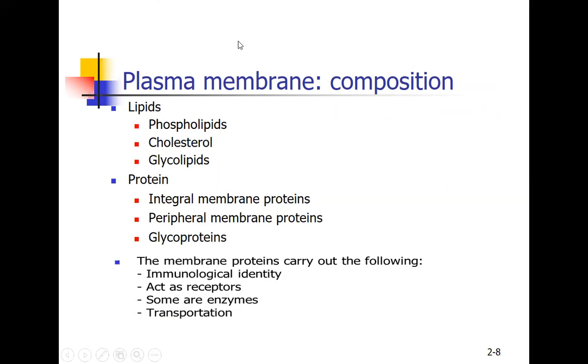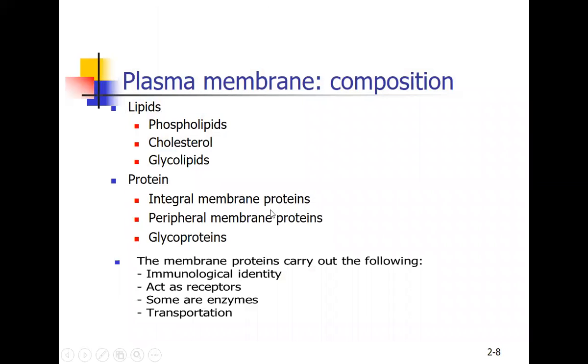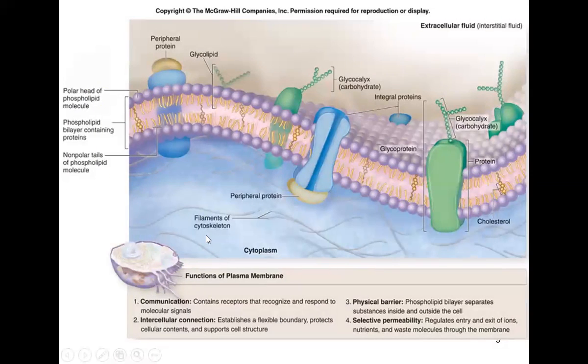So the cell membrane is made up of lipids as well as proteins: the integral membrane protein, the peripheral membrane protein, and the glycoproteins. If you see here, these are the integral proteins. Then we have the peripheral proteins from outside.